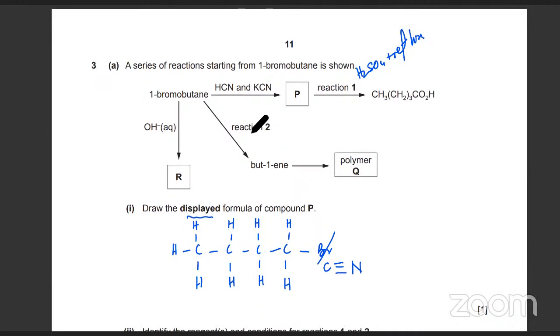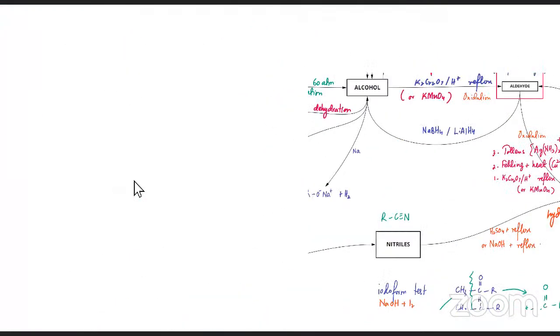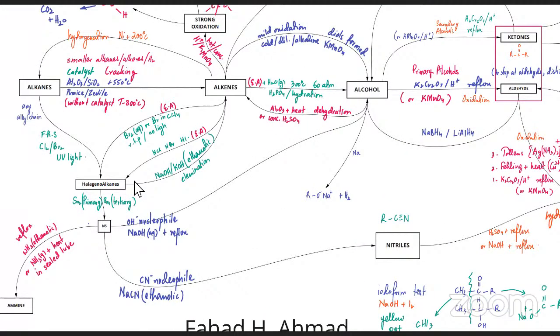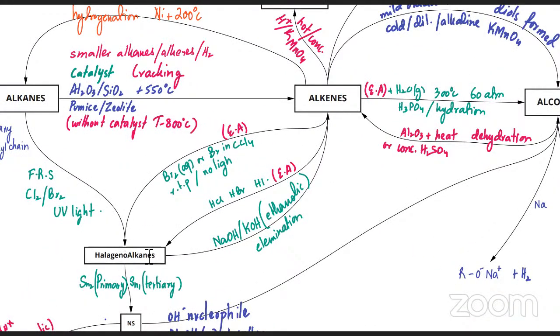And he's saying reaction number 2. You have a halogenoalkane, it turned into an alkene. So where's my halogenoalkane? It's over here. How can I turn that halogenoalkane back into an alkene? It's an elimination reaction. You add NaOH or KOH, ethanolic.